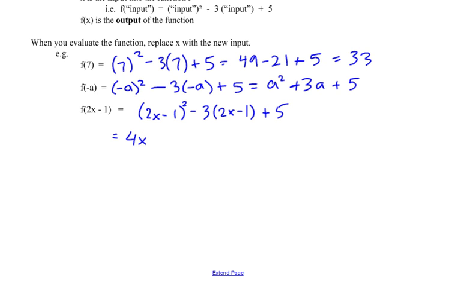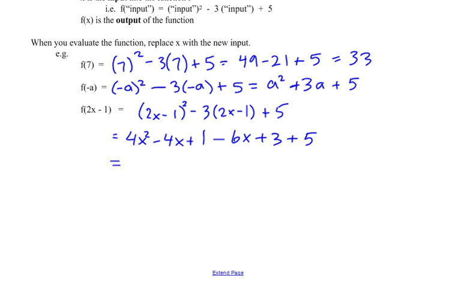To get the middle term, we take the two terms multiplied together and double it when we have a perfect square. So negative 4x, the middle term, and then square the last one, plus negative 1 times negative 1, 1. Bringing in the negative 3, negative 6x plus 3, and now we can collect like terms.